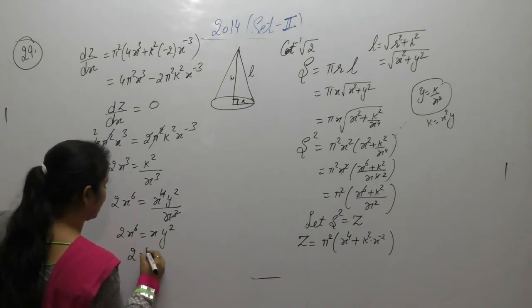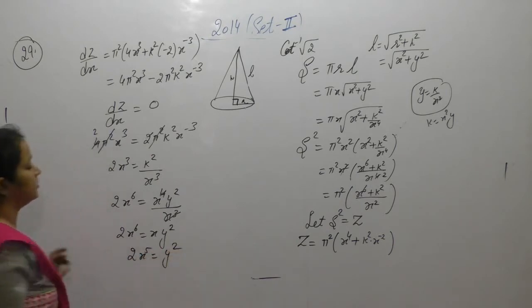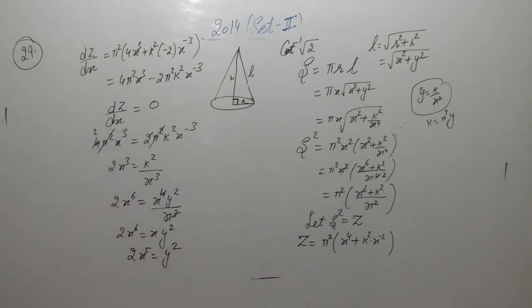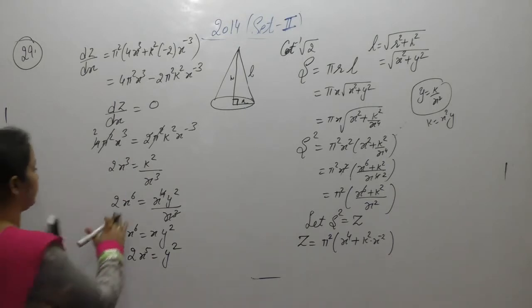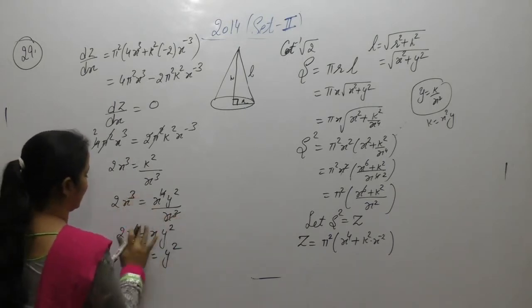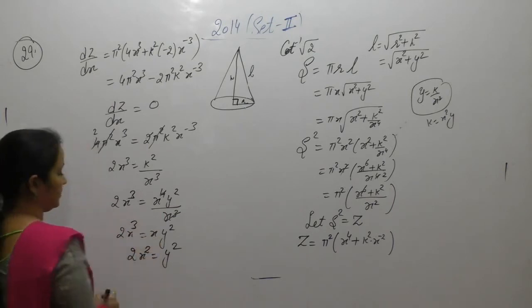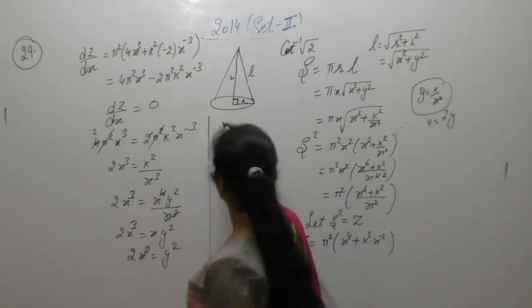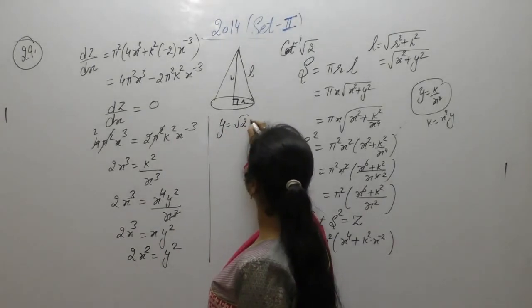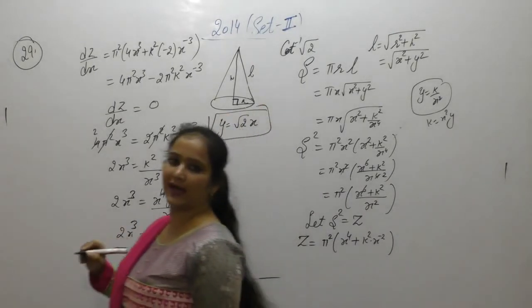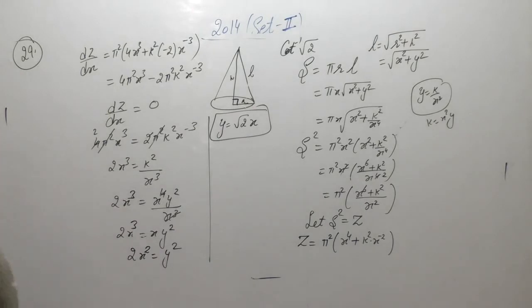So 2x5 equals y square. Here we have x cube, and 3 minus 1 gives 2, so we get the value of y as square root of 2 into x. Y is square root of 2 into x.